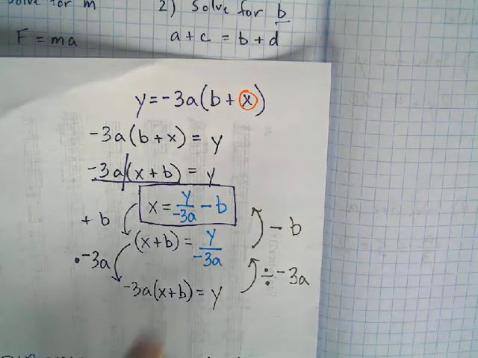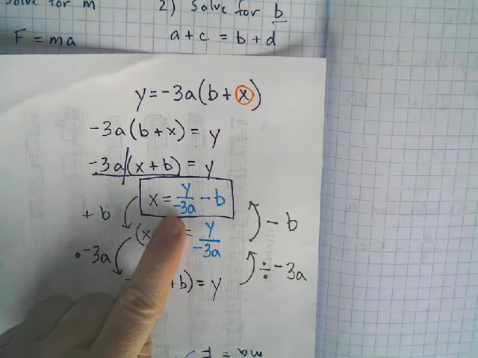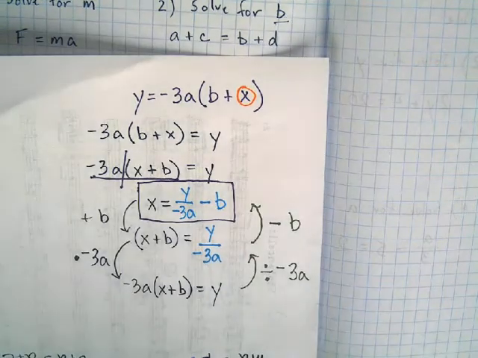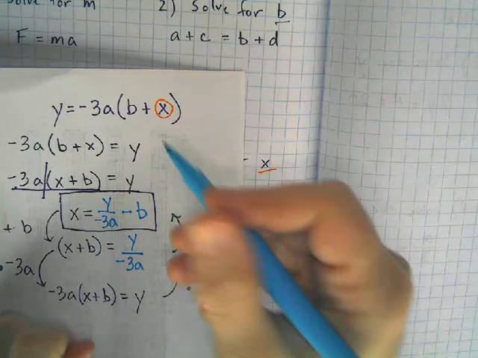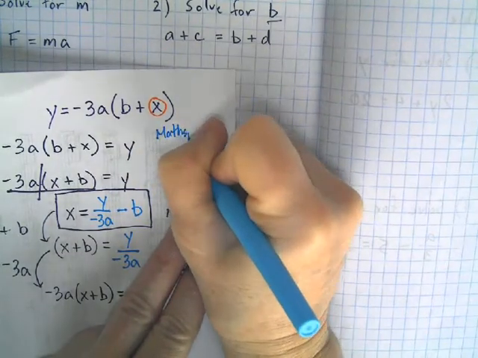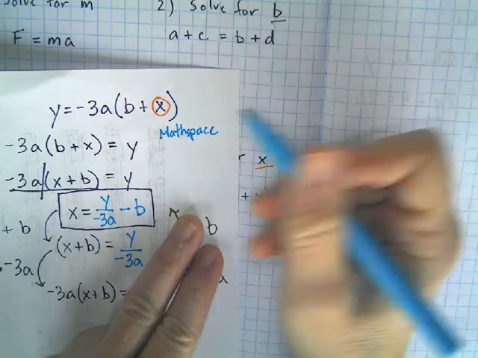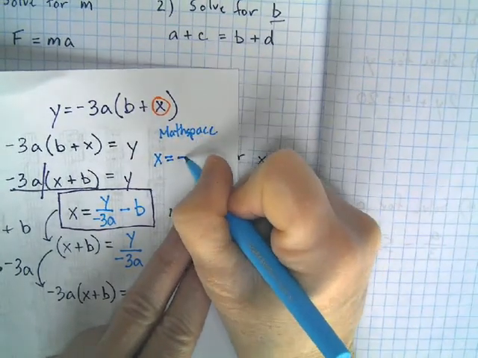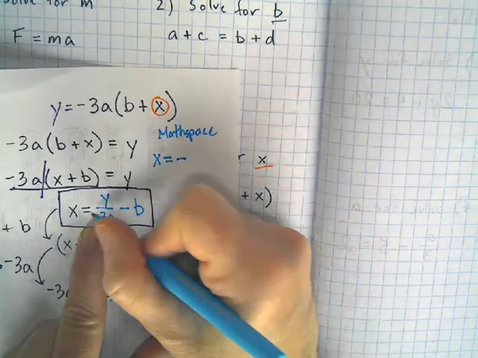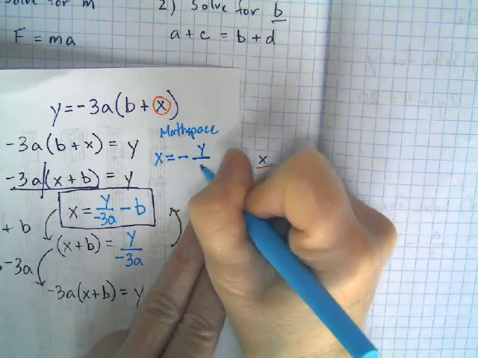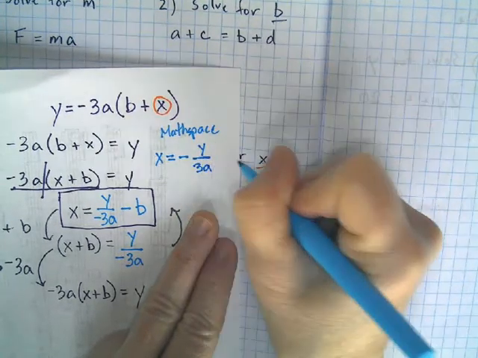It doesn't like to have a negative sign in the denominator. So if I was putting this into MathSpace, I would have to rewrite this. MathSpace is a little too picky if you ask me, but it's all we got. So x equals, we'd have to put the negative sign to the side, and then y over 3a minus b.